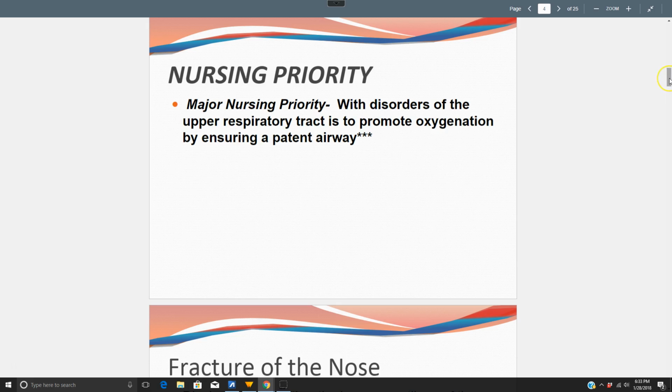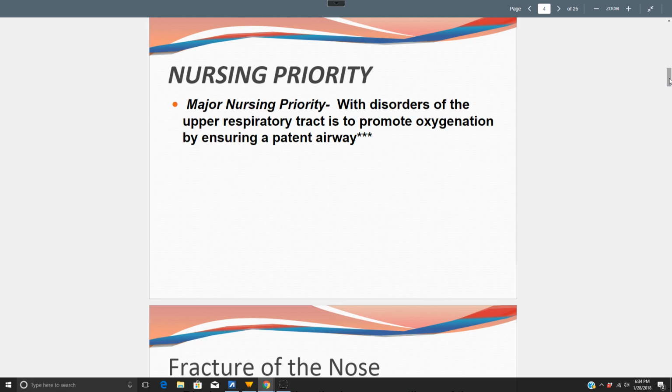Okay. Some of these things that we're going to talk about really will not see a patient become an admission to a hospital, but some of these things may cause the patient to have to make a visit to the ER, and the severity of the trauma or injury to that particular structure will determine whether or not these patients should be admitted.